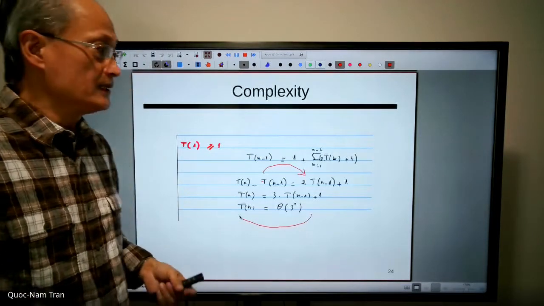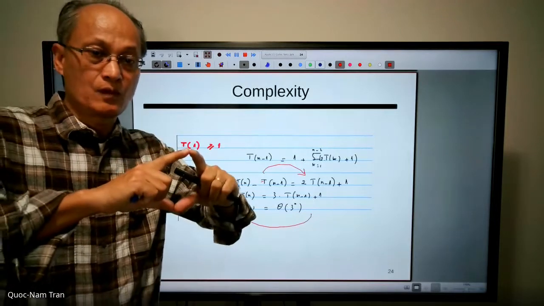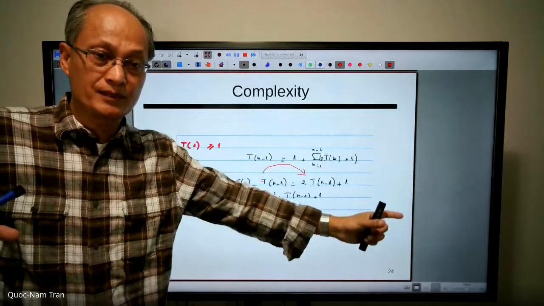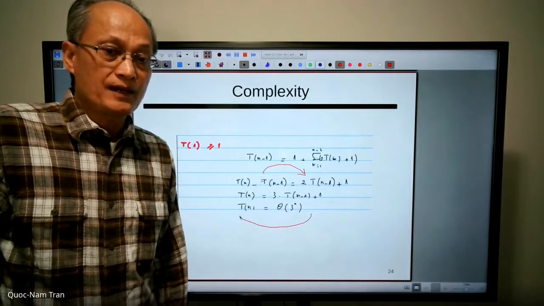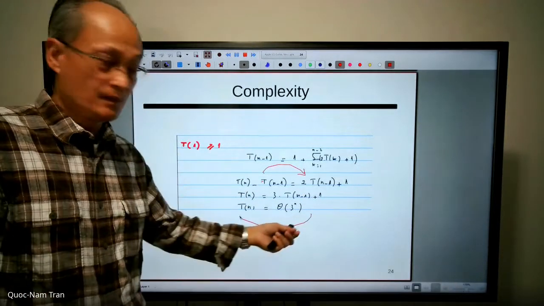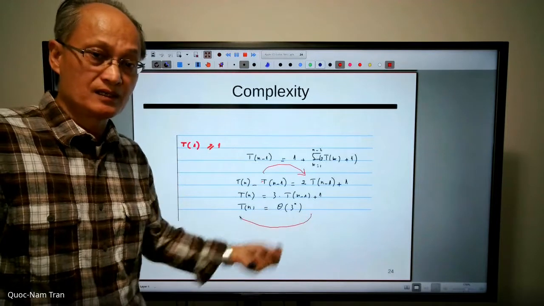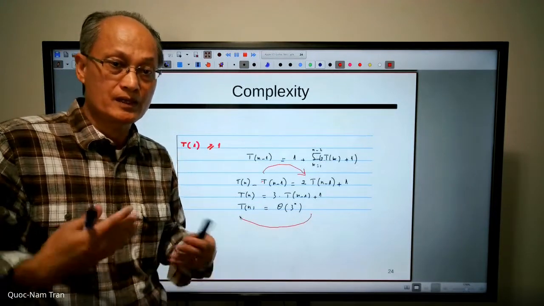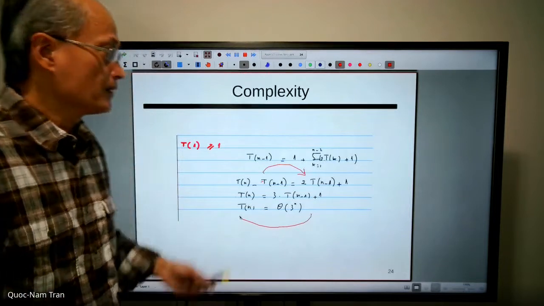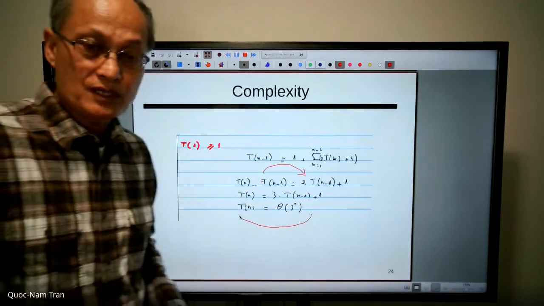So like here, if we have 100 matrices or 200 matrices to multiply them together, finding the best way, if we use the algorithm here, it will take a month or two, right? So that's why we don't want to have the divide and conquer approach like this.